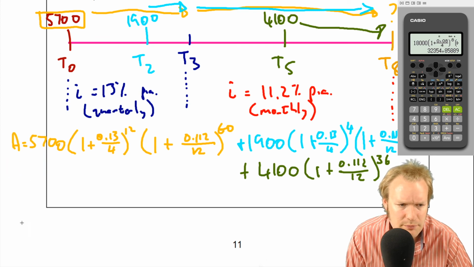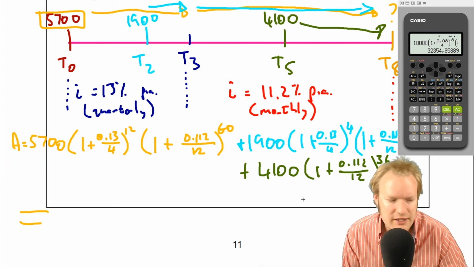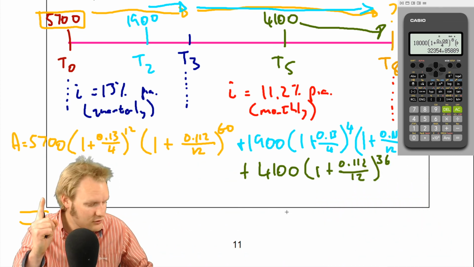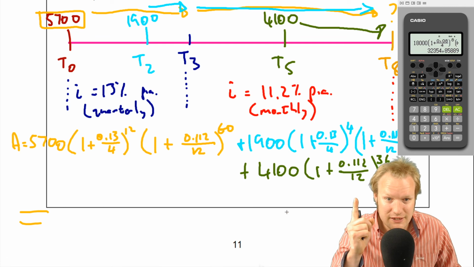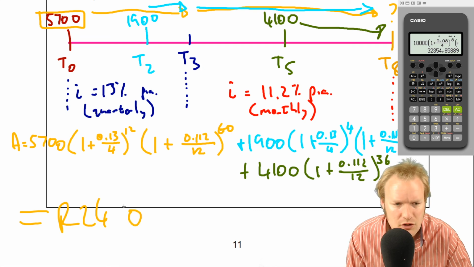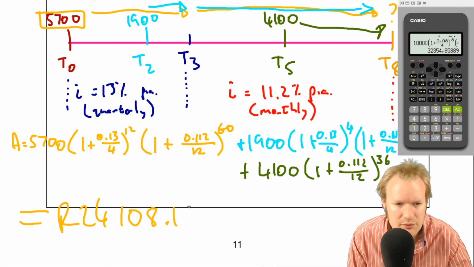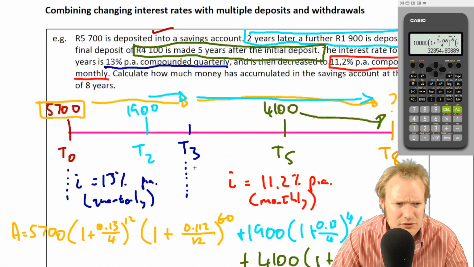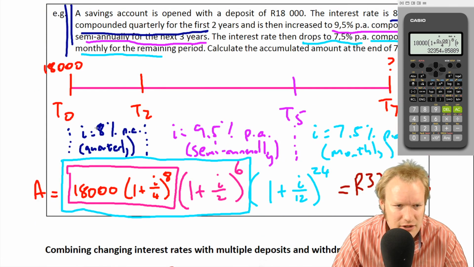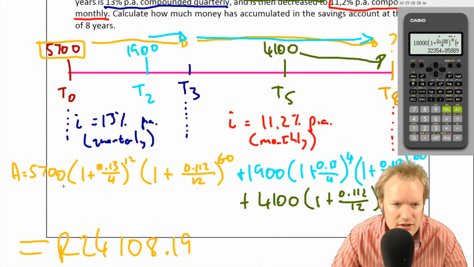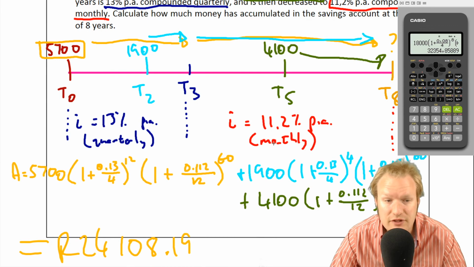We punch all of that into our calculator, all of the stuff from that side all the way along to that side, and I think I got 24,108.19. So it's quite a bit. It's just combining this idea of investing, reinvesting at different interest rates, and then doing it with every single deposit.